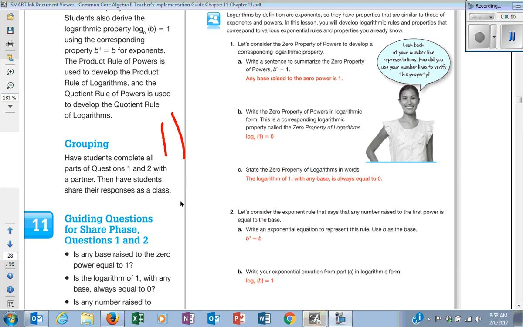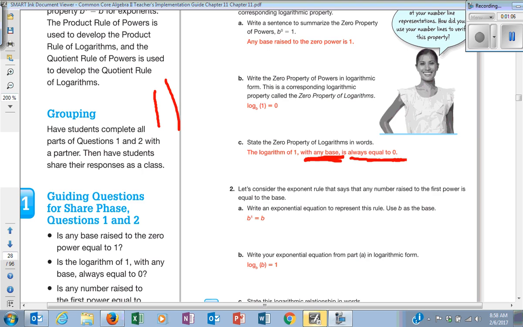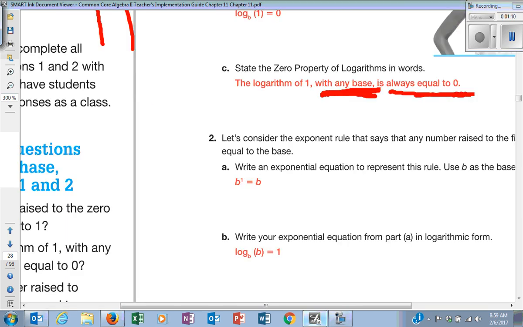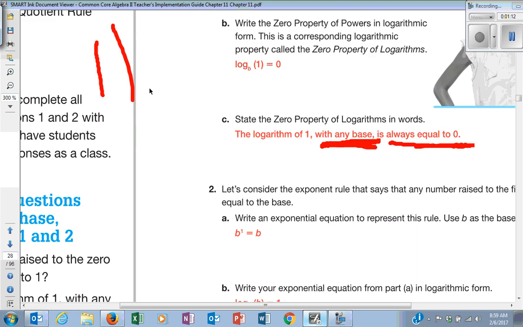Anytime you have a logarithm of 1 with any base, it's always equal to 0, because if you have log base b, right? If you have b to the 0 power equals 1, what is this b going to be?